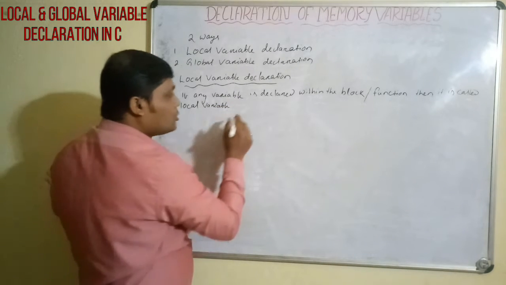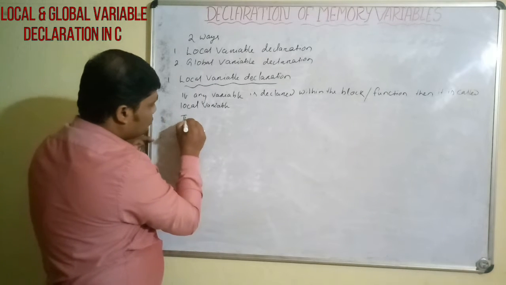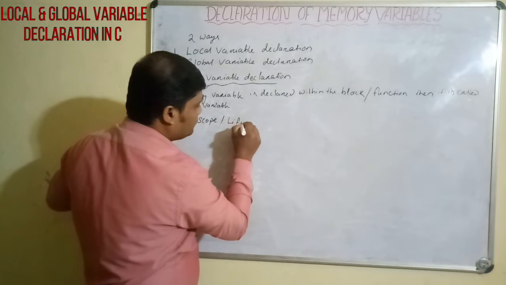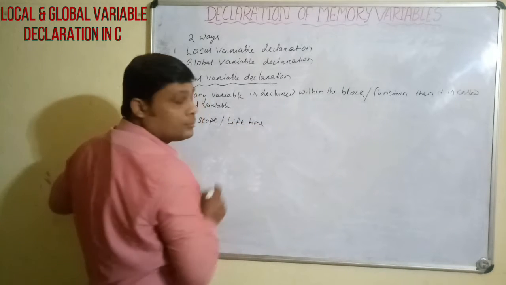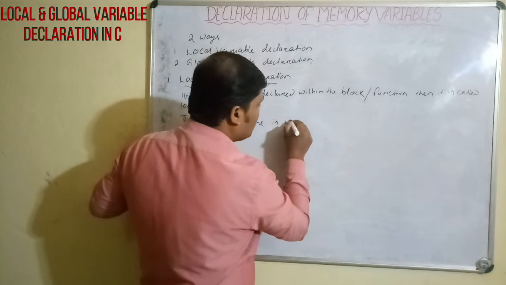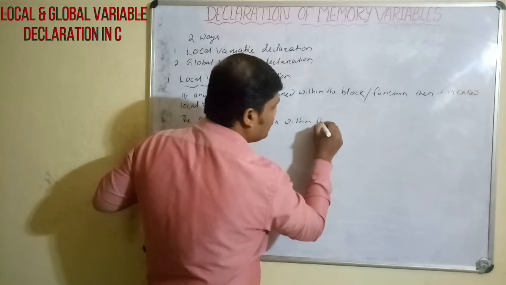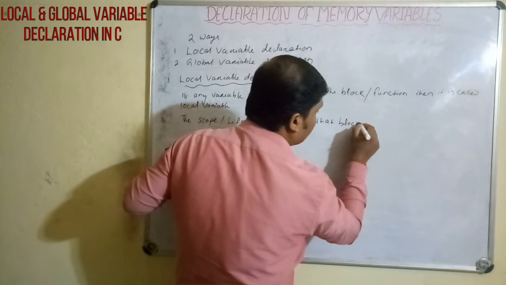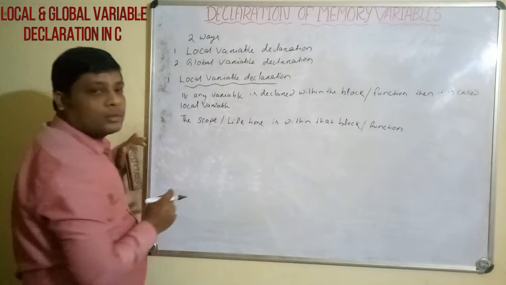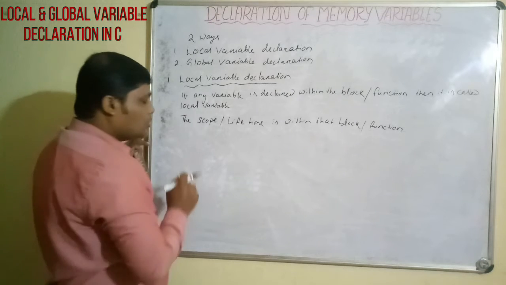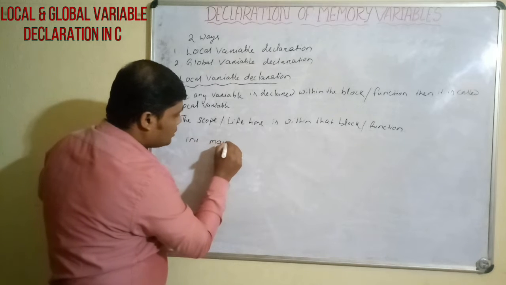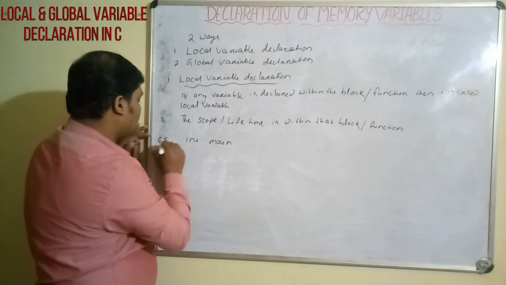Clear? The scope or lifetime of that variable is within that block or function. Clear? Suppose this is my integer main. This is one example you can take.